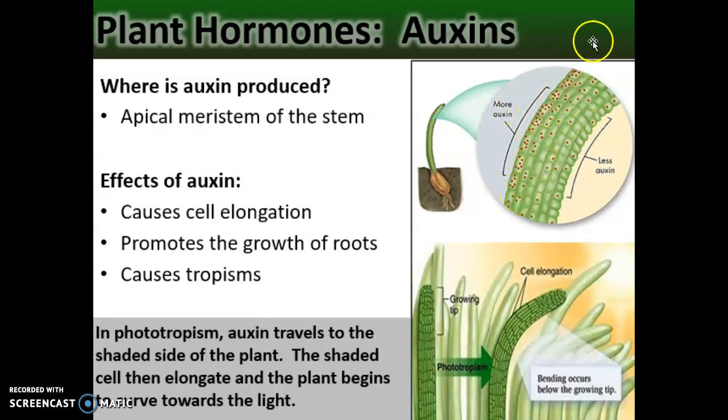And because all the auxin accumulates on the shaded side of the plant, it causes these cells to grow faster than these cells over here. So these cells start stretching out and elongating, and as that plant grows upwards, it starts to bend in this direction towards the lit side of the plant.